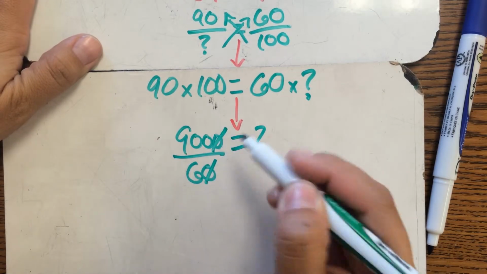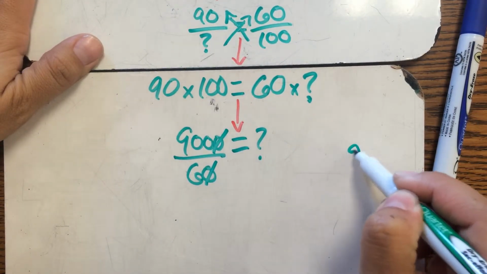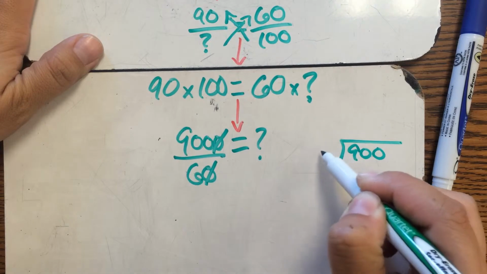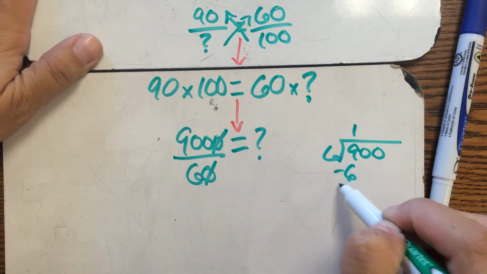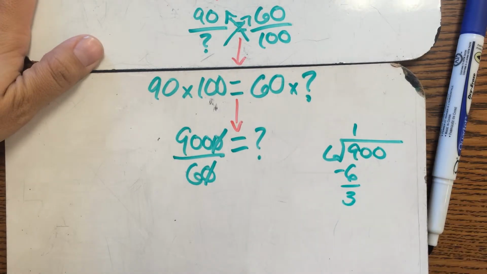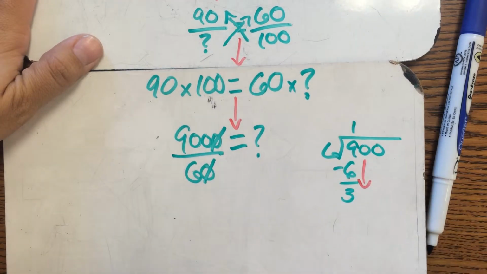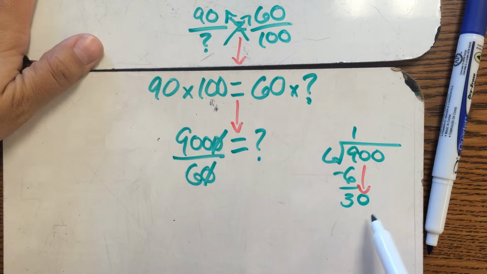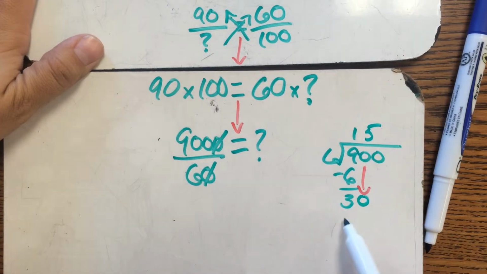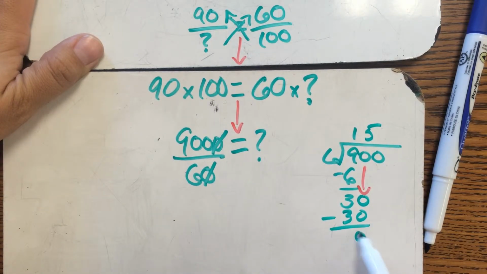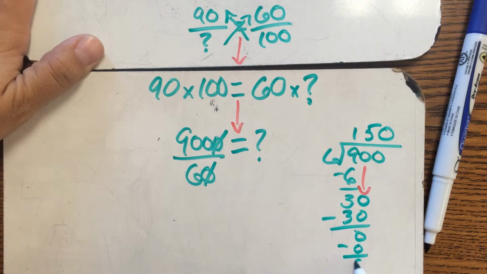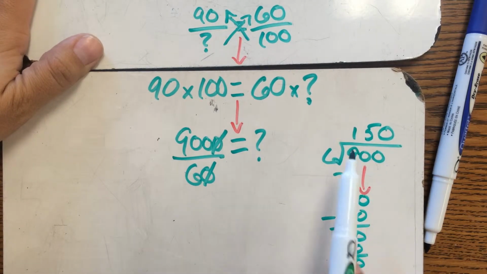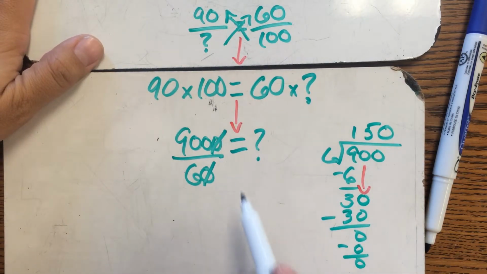Let's do some quick division. 900 divided by 6. 6 goes into 9 once, with 3 left over. 6 goes into 30 5 times. With nothing left over, 6 goes into 0 0 times. With nothing left over. 150.